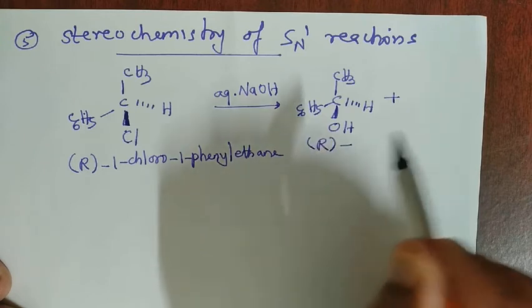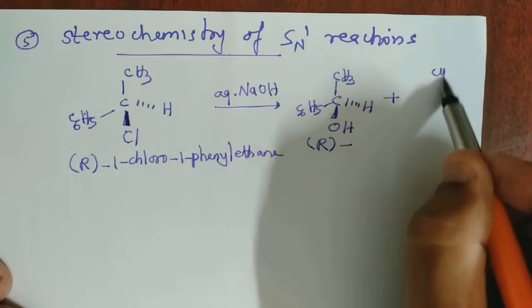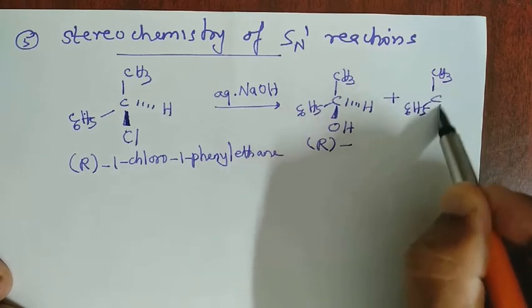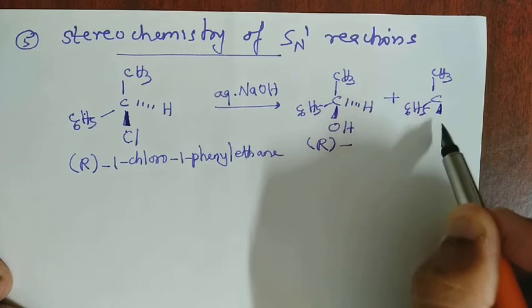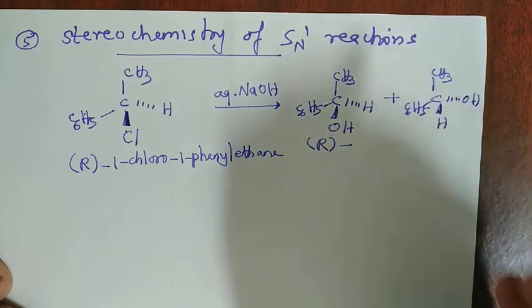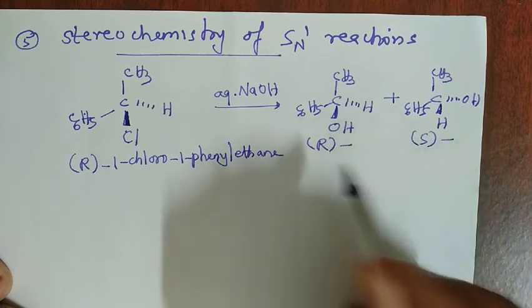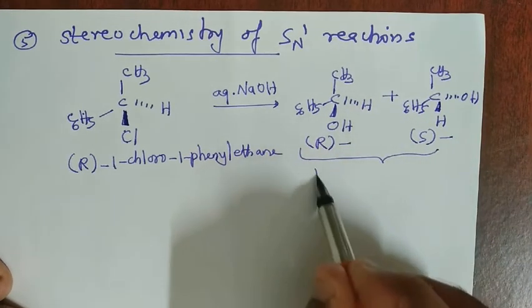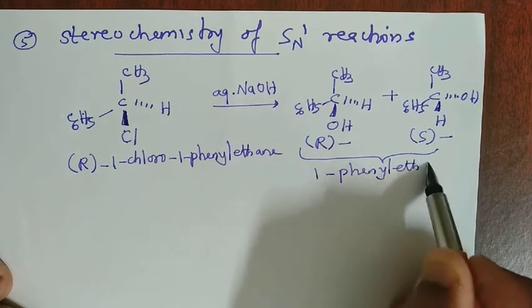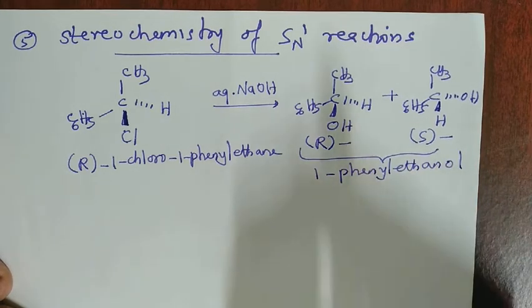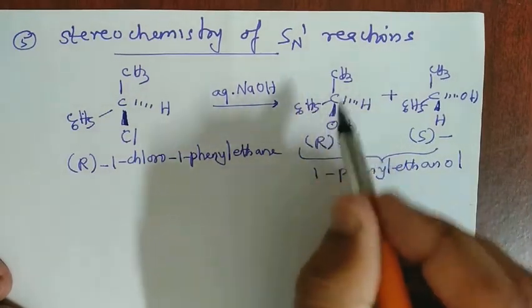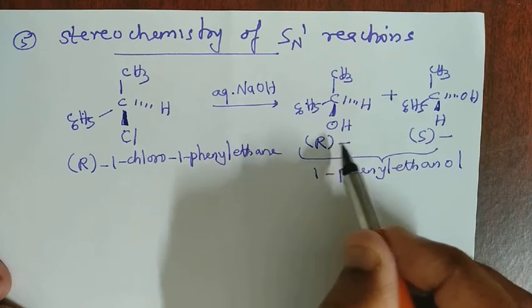This is the R isomer. This is the S isomer of 1-phenylethanol. Here 1, 2, 3 runs in the clockwise direction, so it is the R isomer.